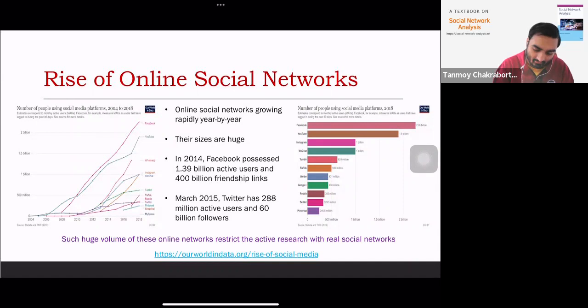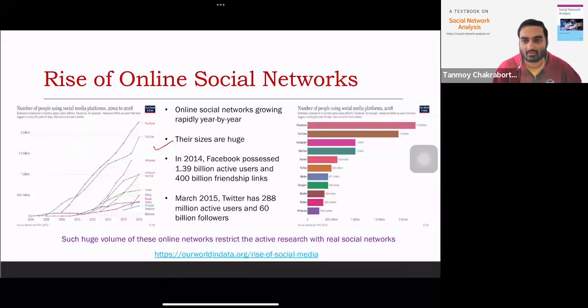Okay. So we have already discussed in the previous lectures that over time we have seen exponential growth of social network usage, be it Facebook or YouTube or WhatsApp or any platform, right? And this graph clearly depicts how the growth has happened in the last, say, 5 to 8 years.